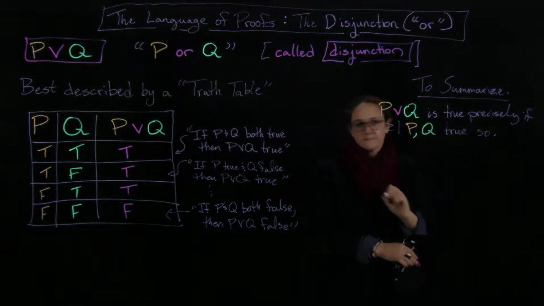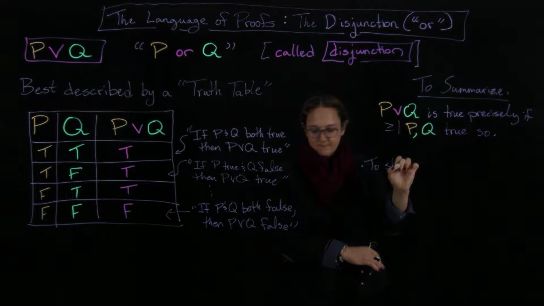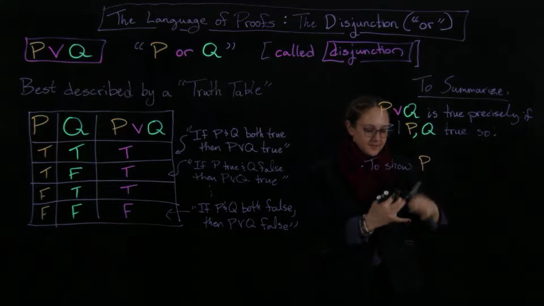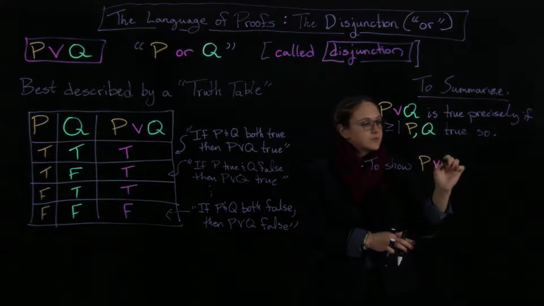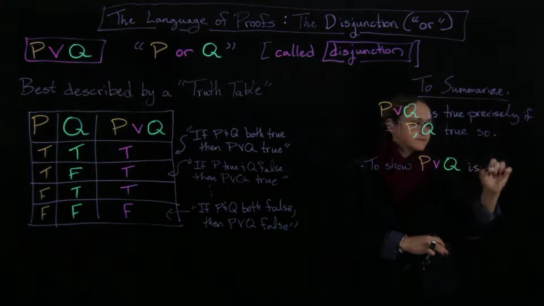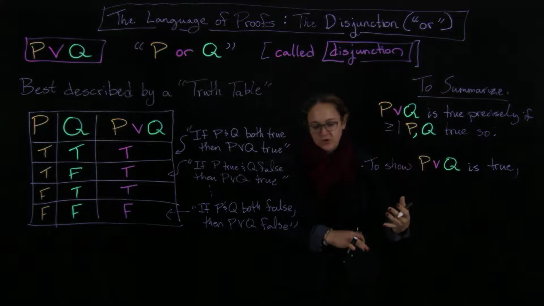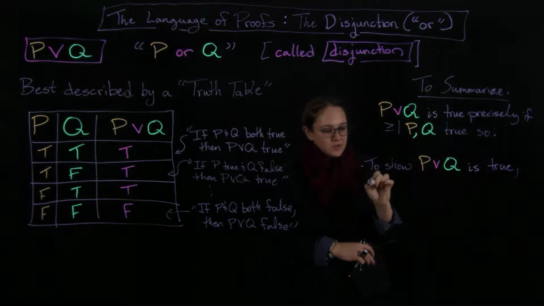So, to show a statement P or Q is true, what do you need to do? You either need to show that P is true, or show that Q is true.